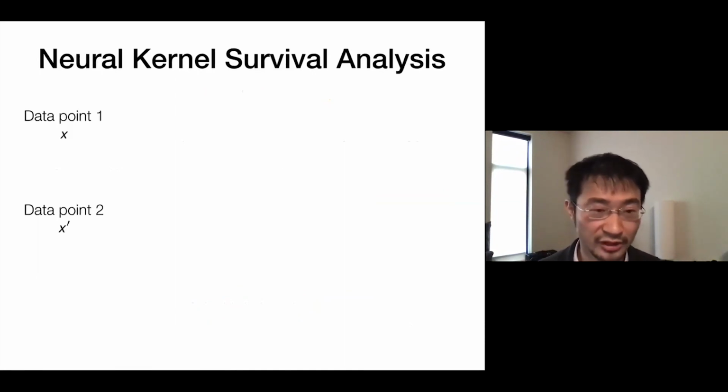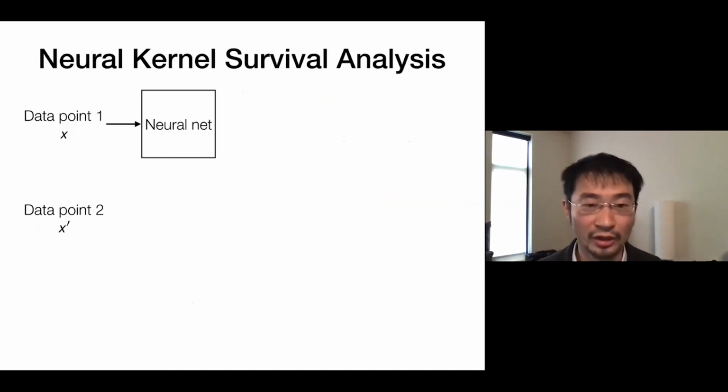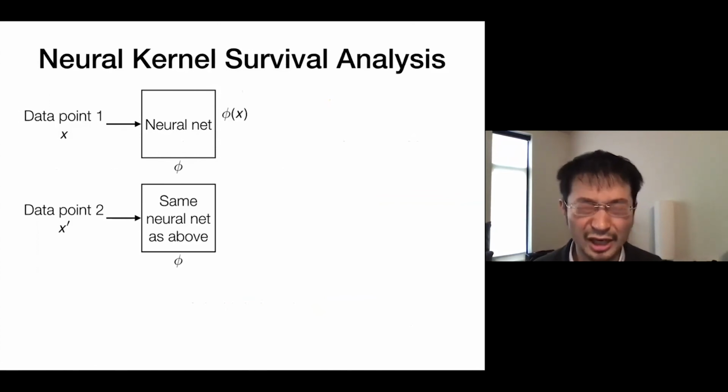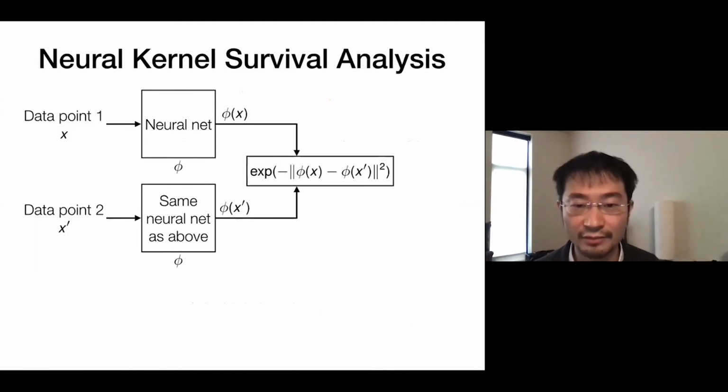You have 2 different data points, x and x prime. We're going to shove them through the exact same neural net, which I'm going to call phi. And the output is going to be phi of x and phi of x prime. And then I'm going to shove them into this Gaussian kernel calculation, and that's going to be the output.